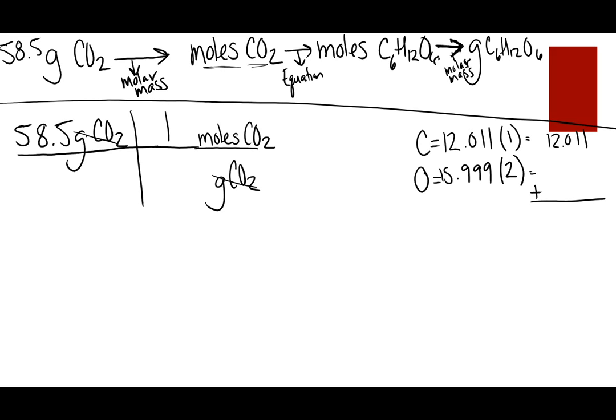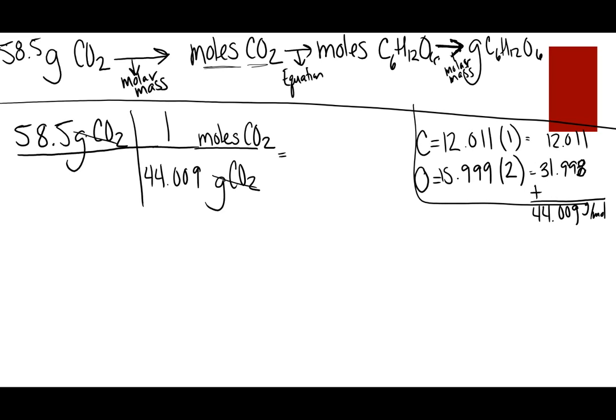Grab my calculator. All right, so 15.999 times 2 is 31.998. And we add those together, plus 12.011. And carbon dioxide has a molar mass of 44.009 grams per mole. So 1 mole is 44.009. Okay.